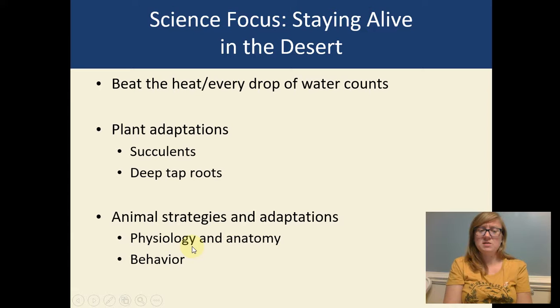Animals, we talked about some of their physiology, some of their anatomy just a minute ago, how they're more adapted for desert life. And then about their behavior, here's something interesting called estivation. It's sort of like the opposite of hibernation. So when animals estivate, they bury themselves or go into their burrow in the hottest times of the day or during the summer and are mostly inactive because it is too hot.